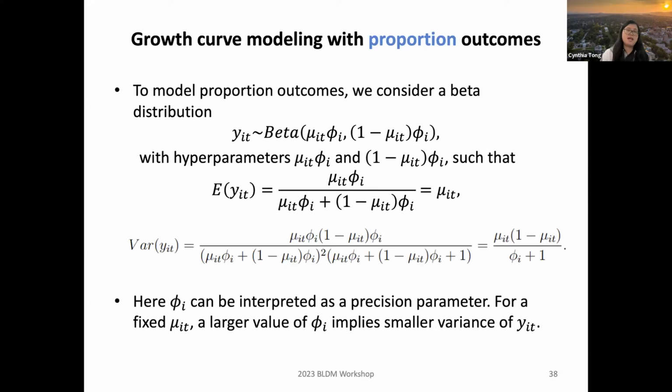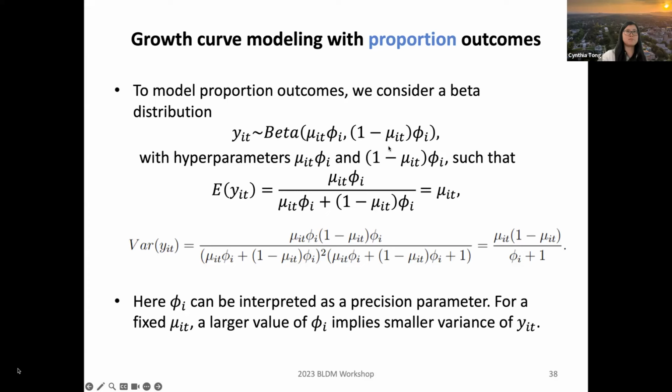Okay. And if we have proportion outcomes, remember that proportion data or percentage data can be modeled using a beta distribution. So here we just consider a beta distribution. Basically, we allow Y_it to follow a beta distribution with shape parameter mu_it times phi and shape parameter (1 minus mu_it) times phi.